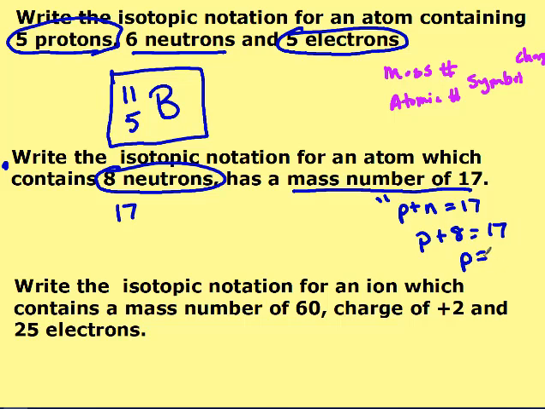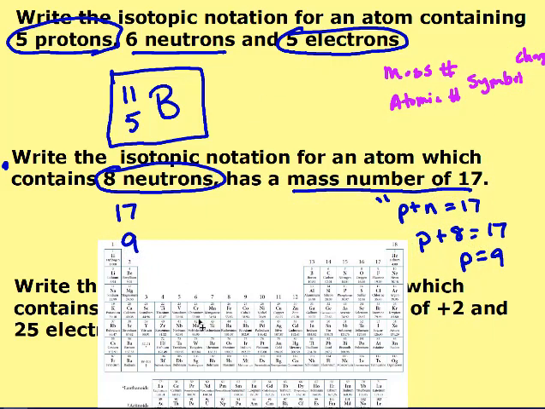Therefore, your protons must equal 9. And if I know my protons, I know my atomic number. I look on the periodic table, and atomic number 9 is right here. That is fluorine. And then finally, for the charge, they said that this was an atom. And atoms have no charge, therefore, this is my final answer.